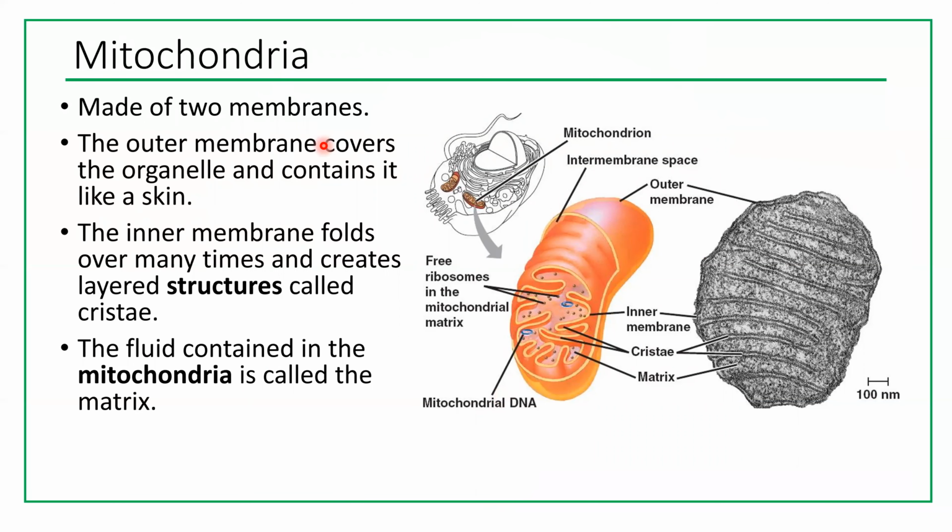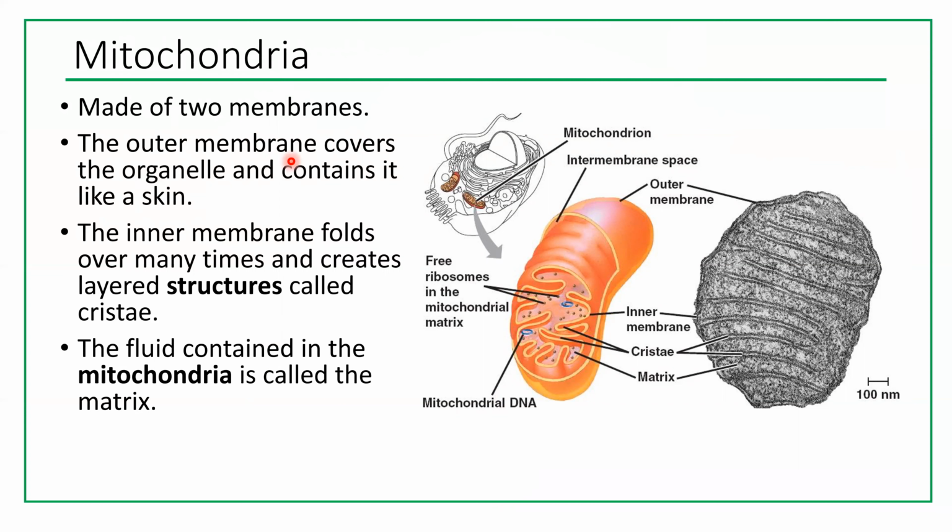Mitochondria are made of two membranes. Here's the outer membrane, here's the inner membrane, and between them is the intermembrane space. Very important. So it's right here. Those are called cristae. The fluid inside is the matrix, but that space will be important in the electron transport chain.